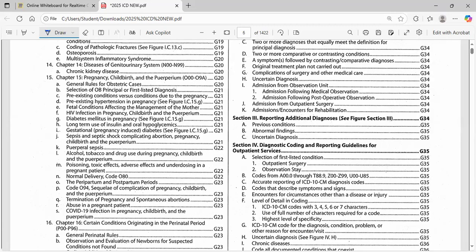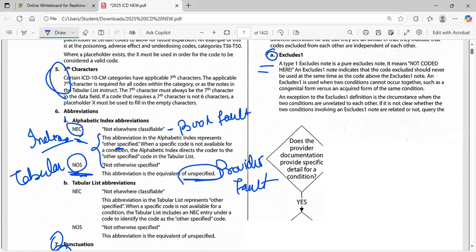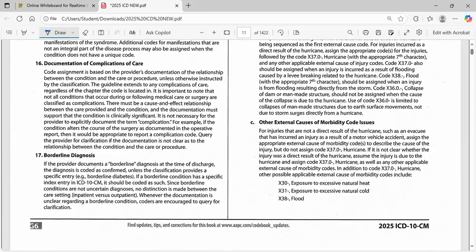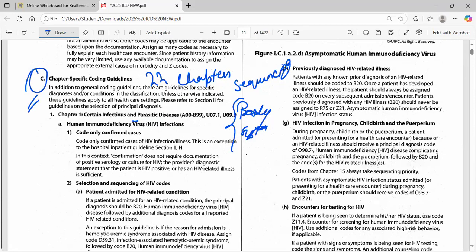So our first chapter is certain infectious and parasitic diseases, code series A00 to B99. So codes listed from A00 to B99 will represent the infectious conditions or the parasitic diseases only.